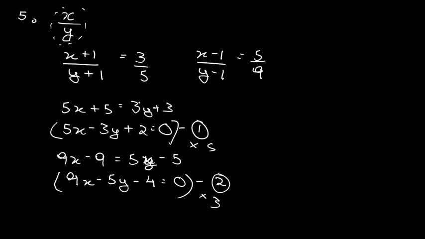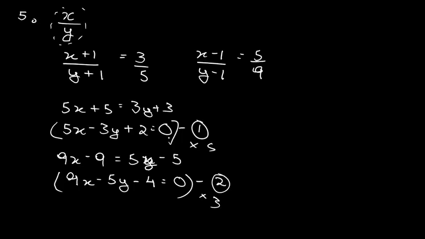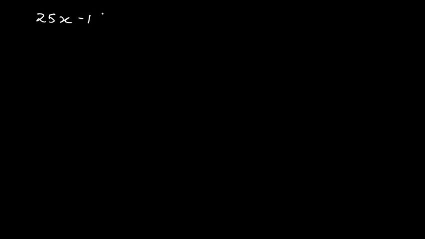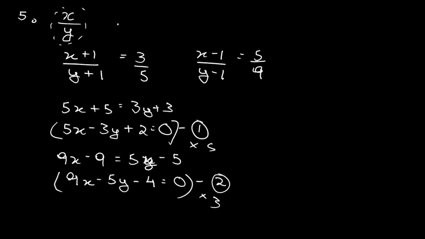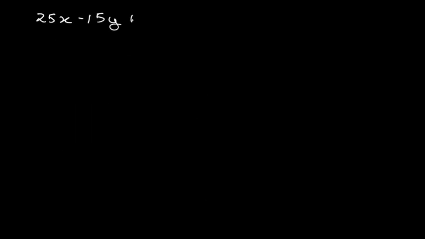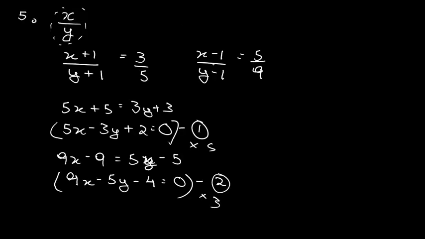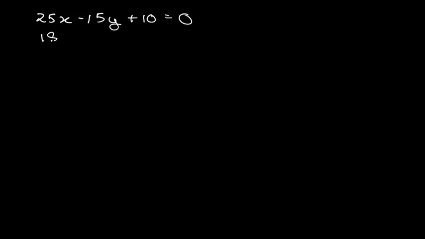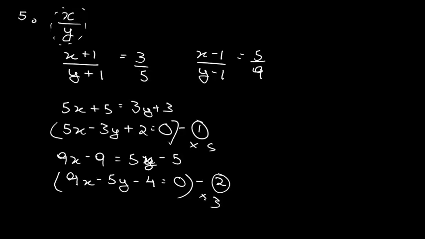So let us write the normal form of these equations. 5 fives are 25, so 25x, and then 5 threes are 15, minus 15y, and then 5 twos are 10, plus 10 is equal to 0. You can consider this as equation number 3. Now from this equation, 9 into 3 is 18, so 18x, and then 5 threes are 15, minus 15y, and then the last one, 5 fours are 20.